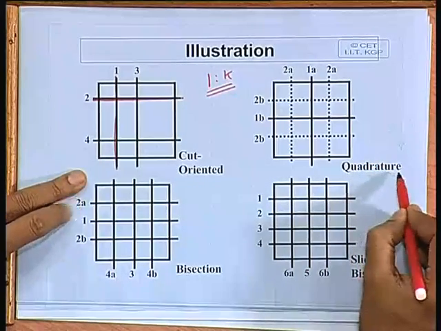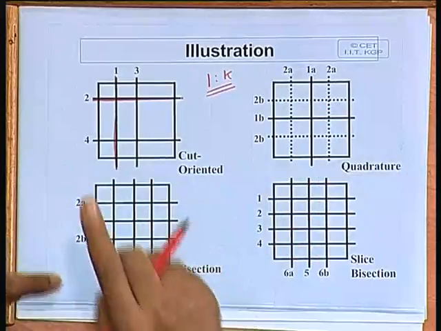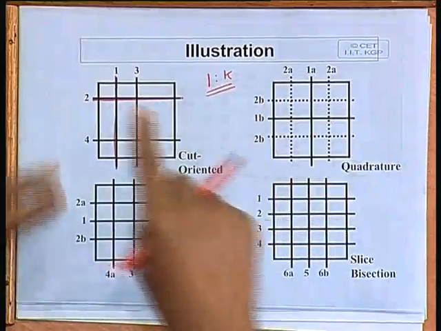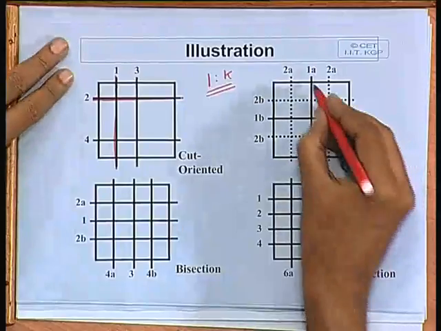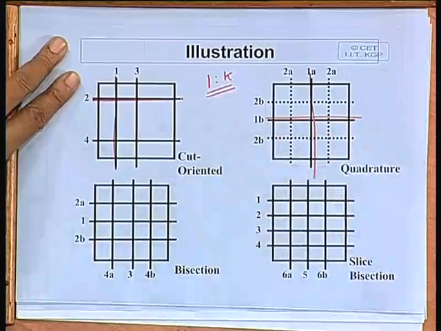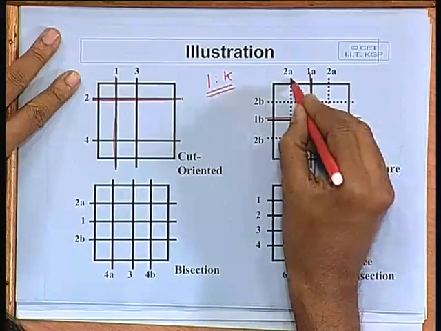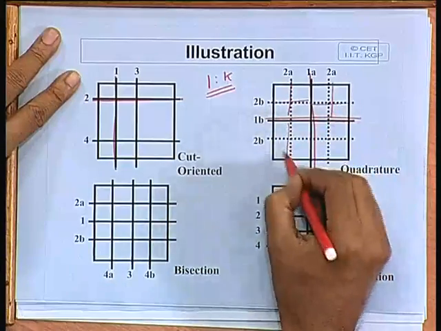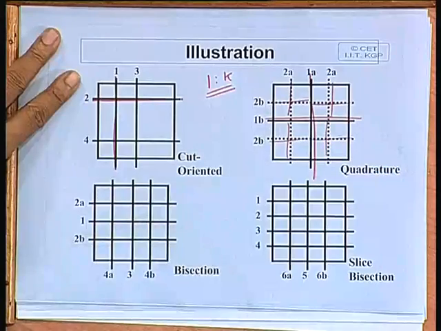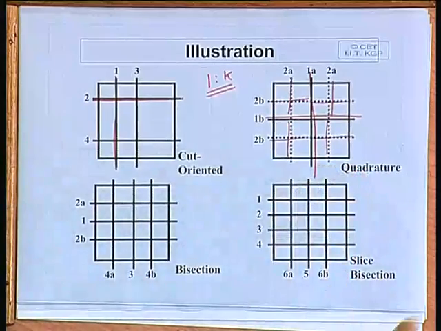The second method is quadrature. Quadrature says that in each step you divide the square into 4 smaller squares. The first step you divide like this. On the second step you divide each of them into 4. So, here the subcircuit at each step is divided up into 4 equal pieces.